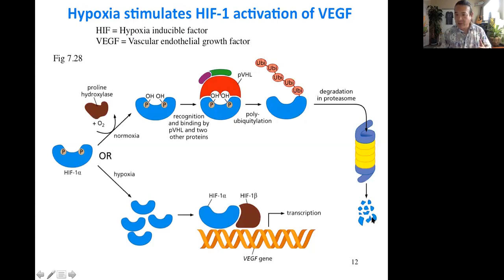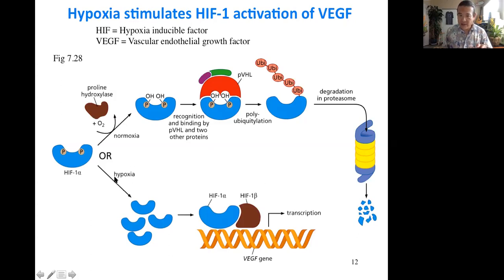So again, just like when we talked about beta-catenin, this is another example of the way our cells are engineered. They constantly produce this HIF1 because they always want to be ready to turn on things like angiogenic signals if suddenly they need it. But normally, if there's enough oxygen around, they just simply degrade the HIF1 so that you don't have angiogenesis.